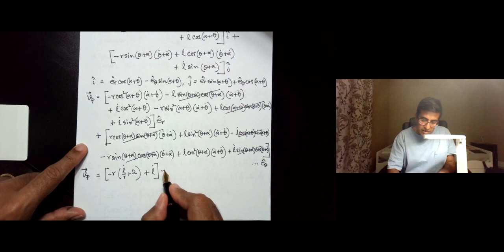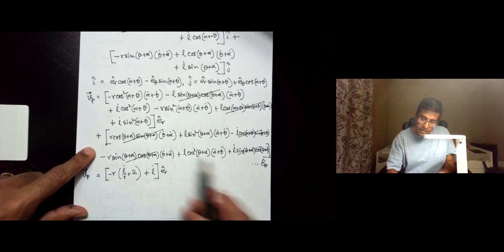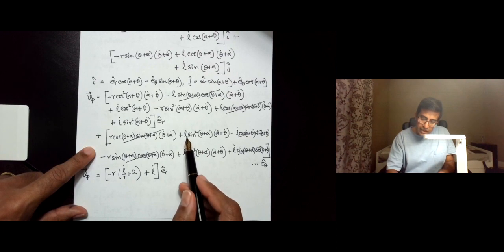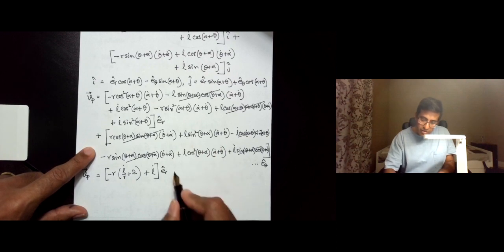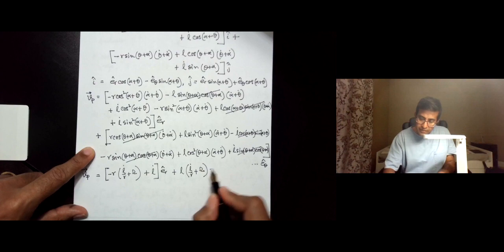So this is in the ER direction, and here in the E theta direction you would have L times alpha dot plus theta dot, so plus L times L dot over R plus capital omega E theta.